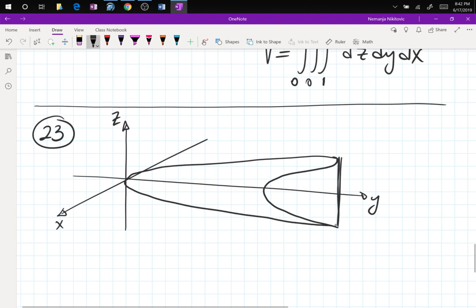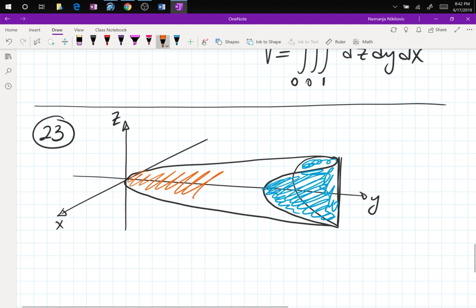There we go. And then it's going to have, all right, so this part is all one part that folds to the other side, and then the orange is a different part.